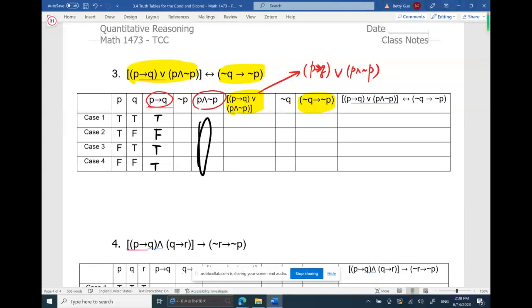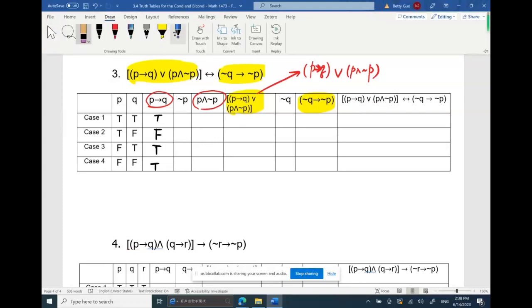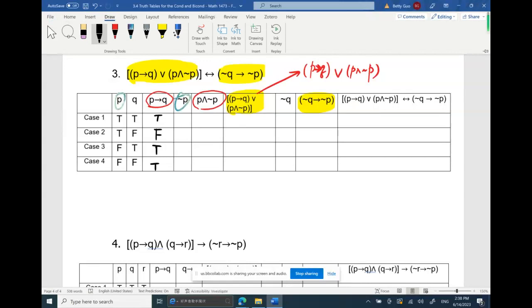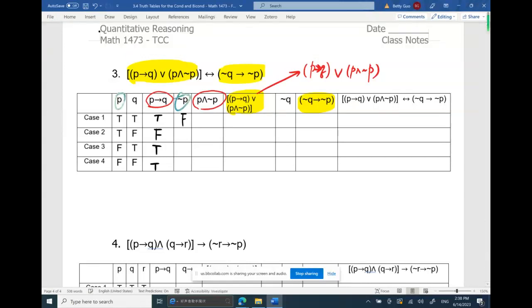Yeah, let's figure out this column now. P and not P. The 2 components are P and not P, so we have to figure out not P as well. Those 2 columns should have opposite values.